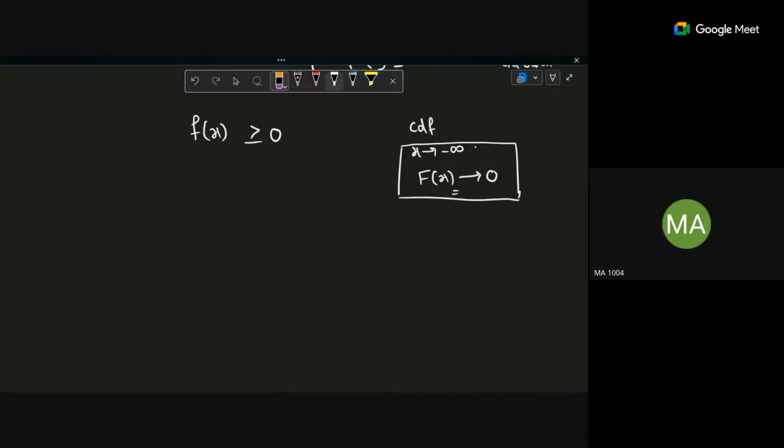Can the PDF be more than 1? Yes. Okay, then how? Give an example, or explain why, whatever you can.